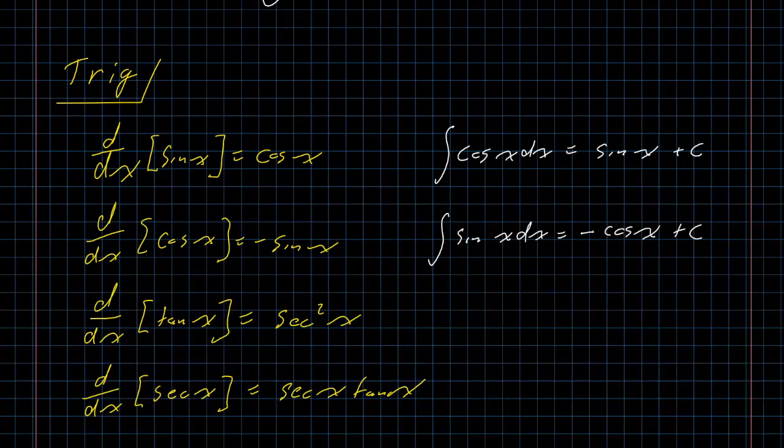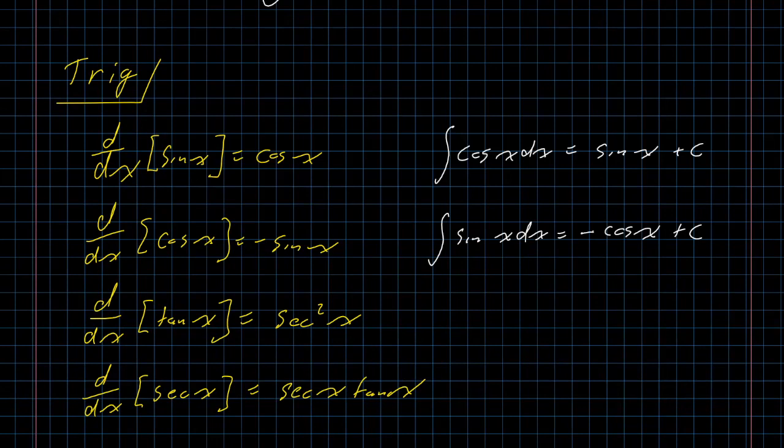Careful here. In derivatives, sine stays positive, cosine goes negative. In integrals, cosine stays positive, sine switches to negative. That's just something you need to know. But it is a pattern and it is something you can remember.